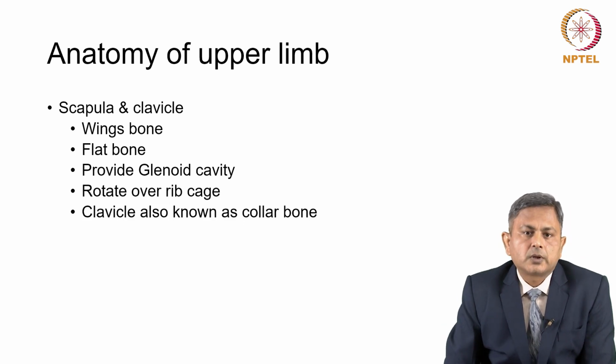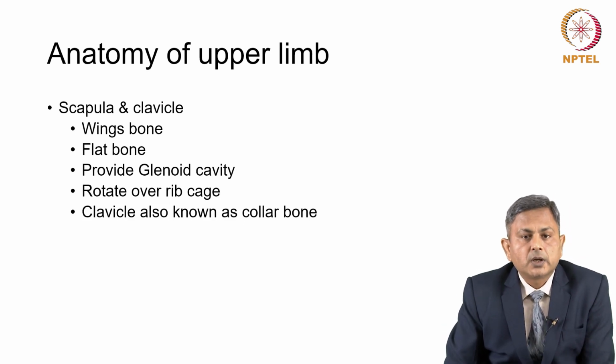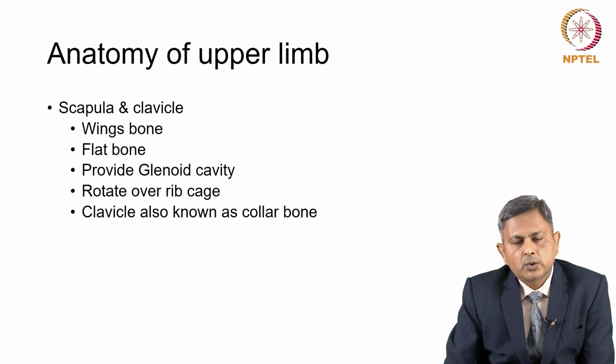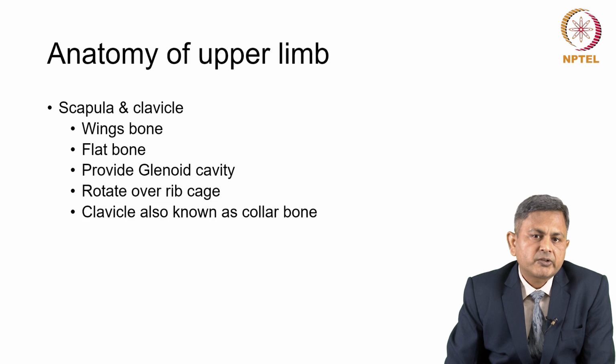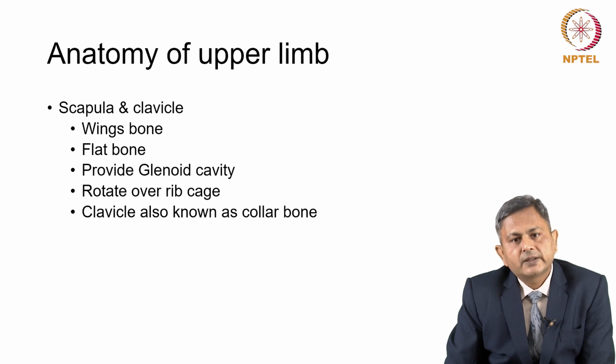Apart from this, there are two more interesting bones which are part of our upper limb. One is scapula and the other is clavicle. Scapula is also known as wing bone and clavicle is also known as collar bone.